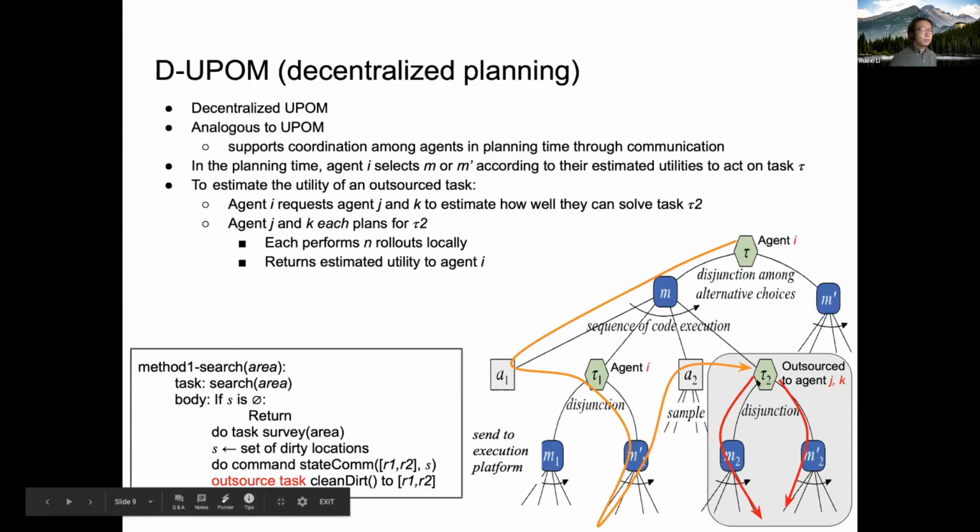So in order to get that estimation, agent I requests agents J and K to do their own local D-UPOM planning. They do multiple rollouts and give an estimation of the tau 2's utility. And then agent I knows how to choose from M and M prime.